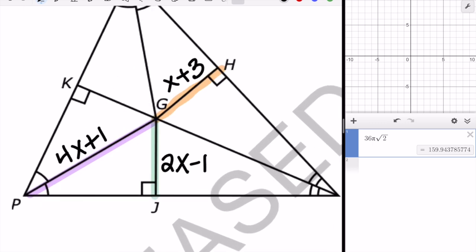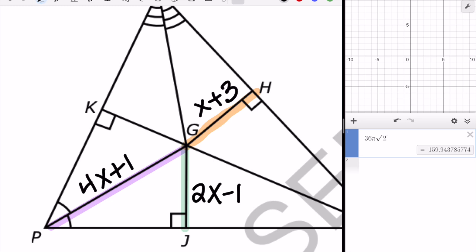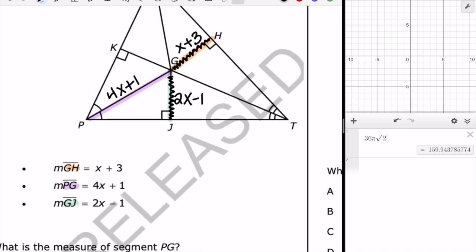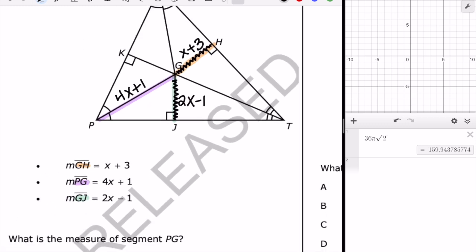So when I look at this, I should be able to clearly see that this one and this one are the same length. So if G to H is equal to G to J, I should be able to set those up and say x plus 3 is equal to 2x minus 1.